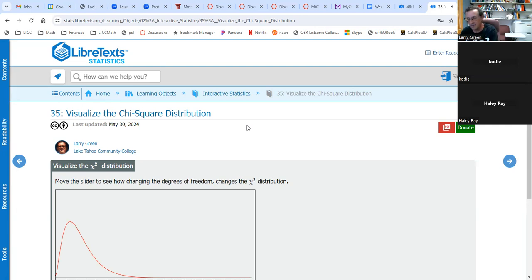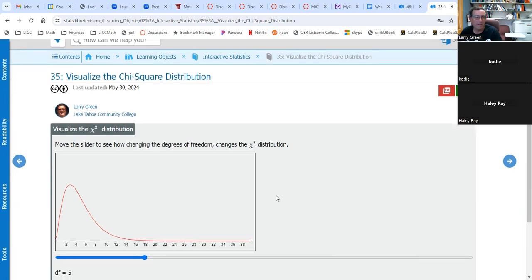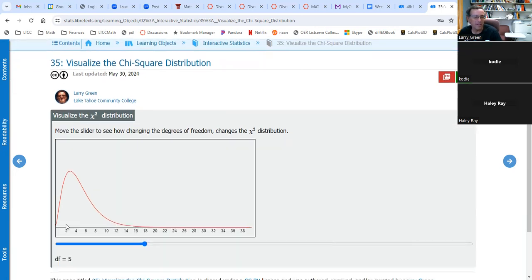The math in pretty much all of these is way too hard for me to explain in a webinar, and you need an intense mathematical background. So don't worry about the mathematics behind it, but I just want you to see a picture. Here is the shape of the distribution. Just like the student t-distribution, there's something called the degrees of freedom, and you get a different shape depending on the degrees of freedom.